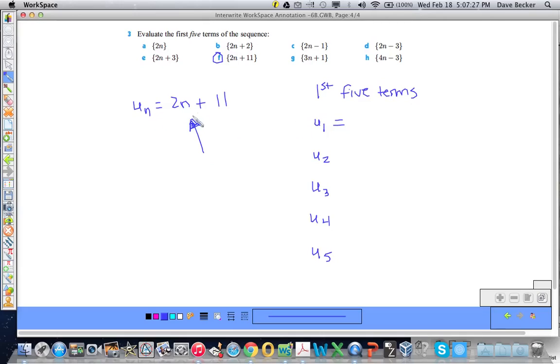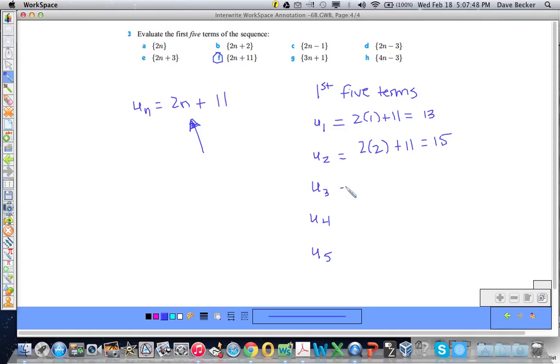Okay, here n is equal to 1, so in the expression I'm just going to replace n with 1. So this would be 2 times 1 plus 11, which is 13. U sub 2, replacing n with 2, 2 times 2 plus 11, which is 15.